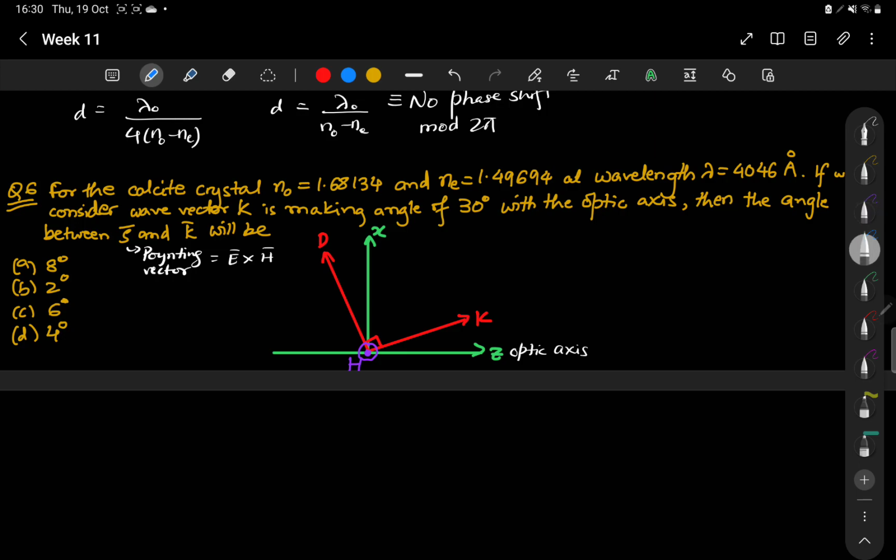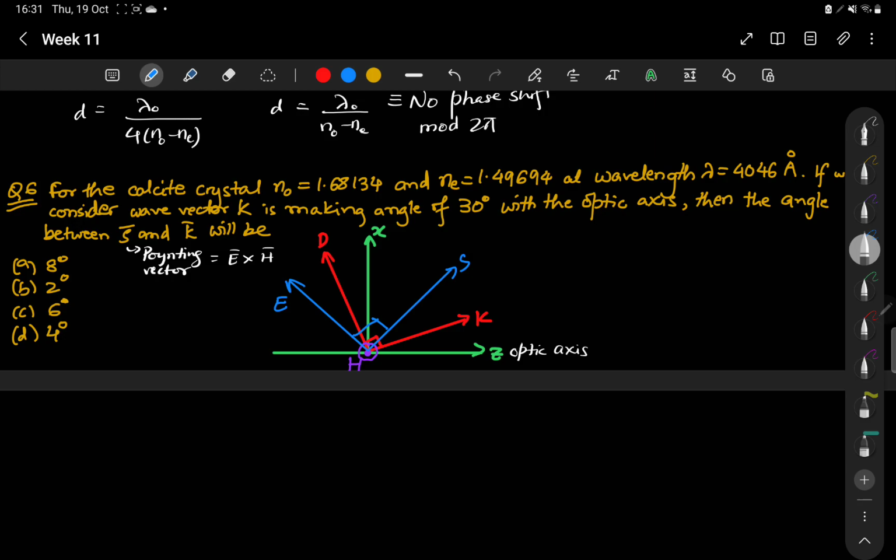And now the s and e vectors. So this is the s vector and the e vector is perpendicular to it, and this angle is 90 degrees.